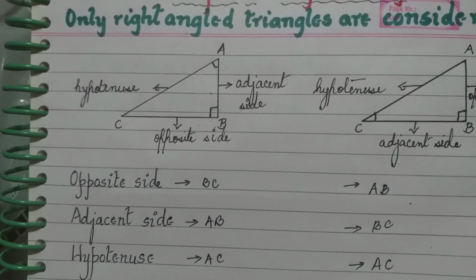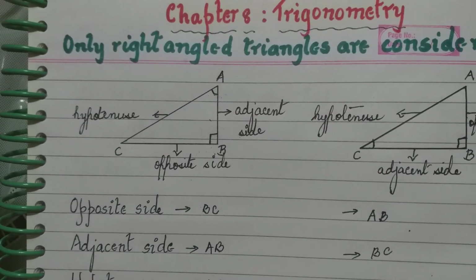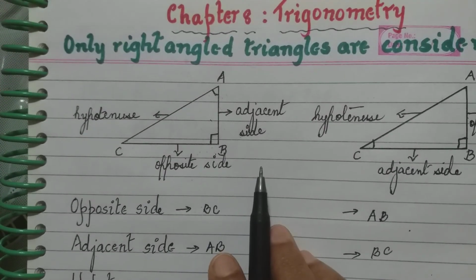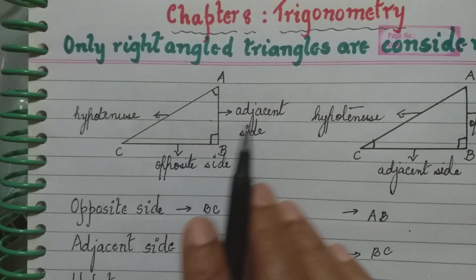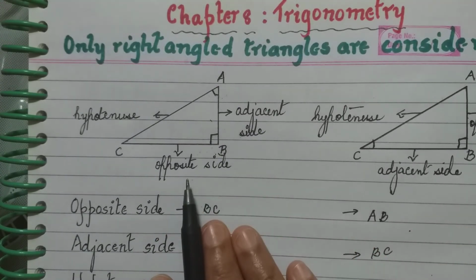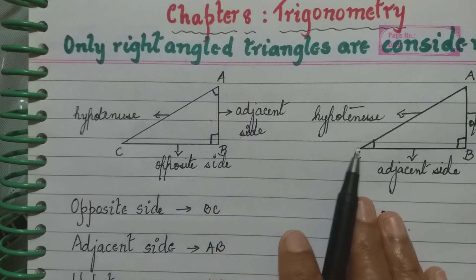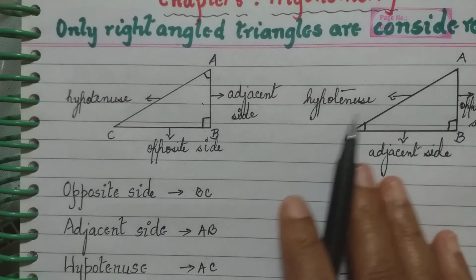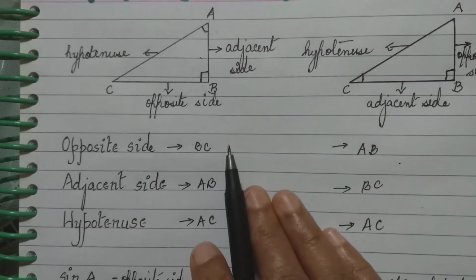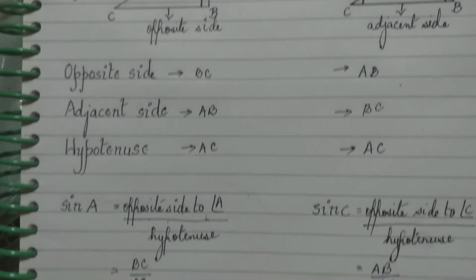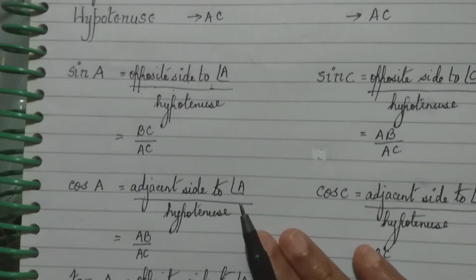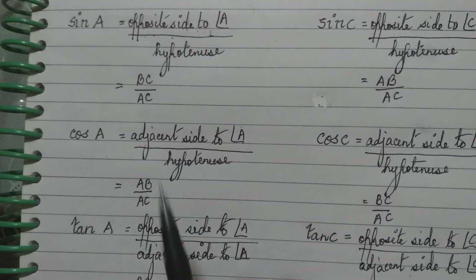First of all, again I am reminding you, in trigonometry always only right angle triangles are considered, and from the right angle triangle we name all the three sides. Once we identify all the three sides of the triangle, then we are able to write the three trigonometric ratios by remembering these three formulae.